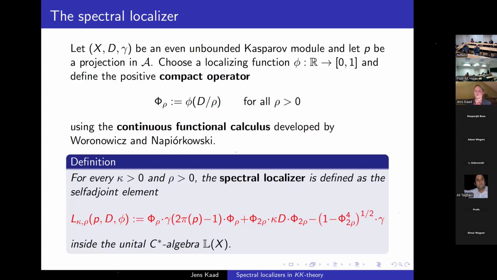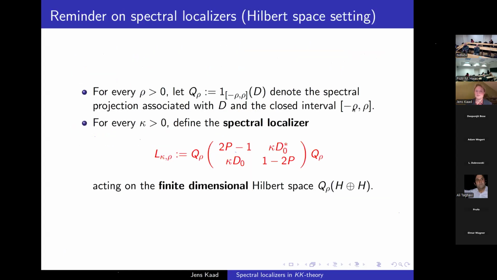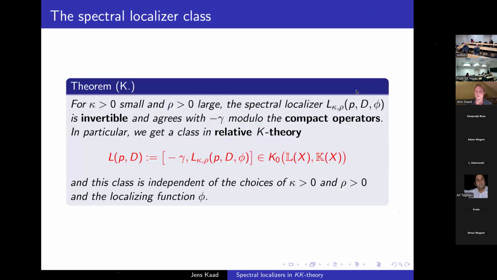The first main result of this talk is that once kappa is small enough and rho is large enough, this spectral localizer is an invertible self-adjoint operator acting on my Hilbert C-star module.